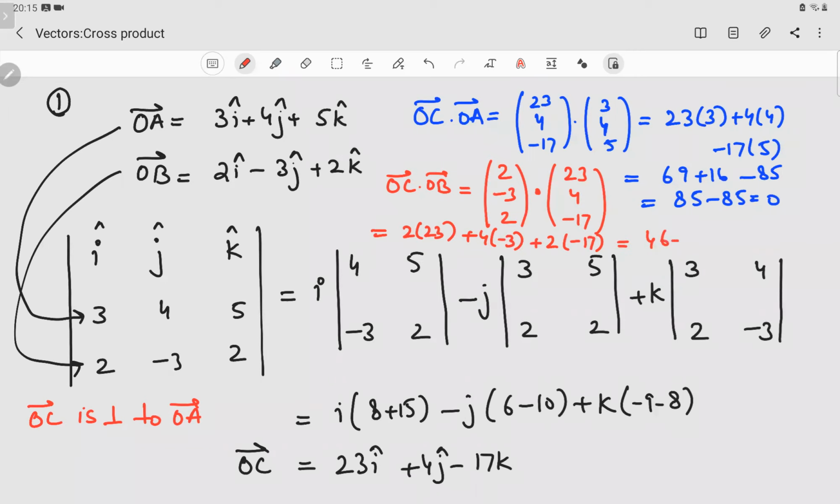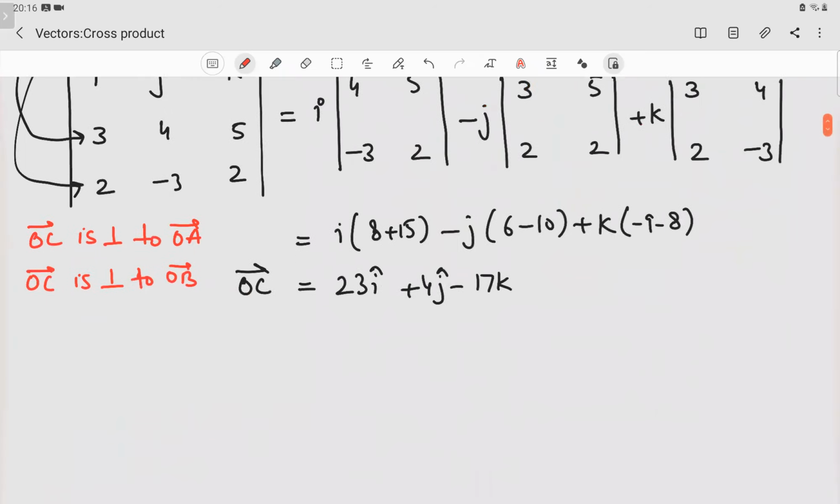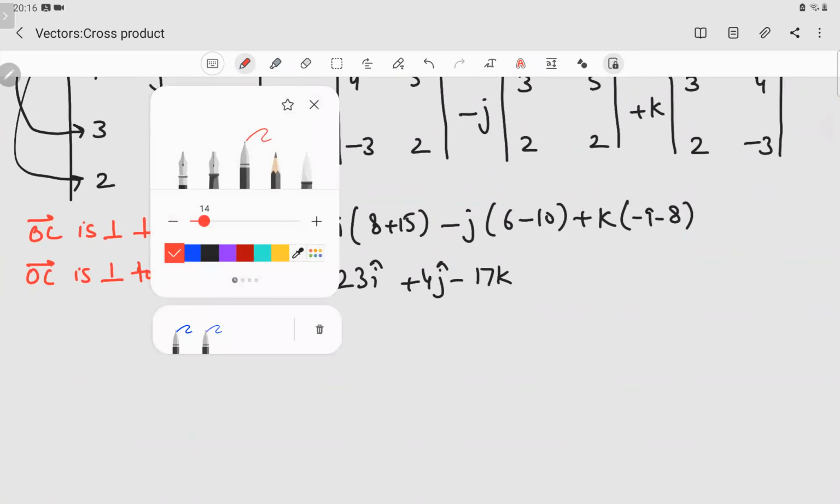It is equal to 46 minus 12 minus 34. Sorry, 4 into 3 is minus 12. This becomes equal to 0. That means OC is perpendicular to OB as well. So OC is perpendicular to OA and OC is perpendicular to OB.